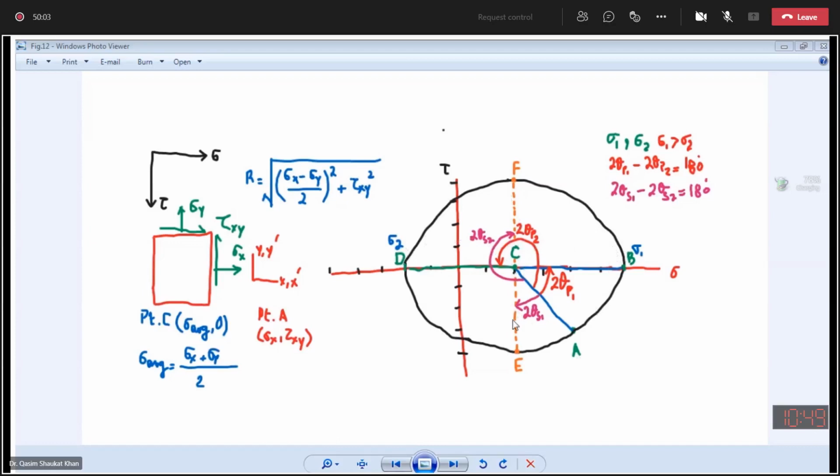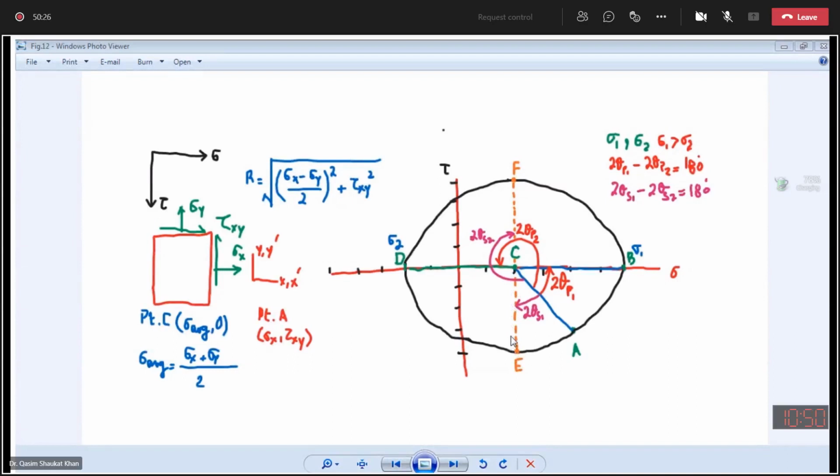Then comes this EF. Over the shear planes, we will get the maximum in-plane shear stress. We are getting this point E, which is the maximum in-plane shear stress, because shear stress is positive downward.